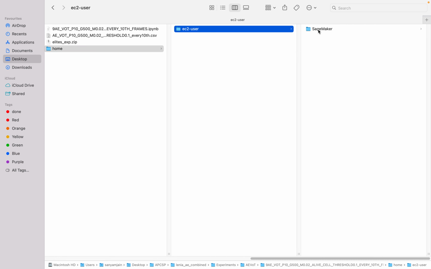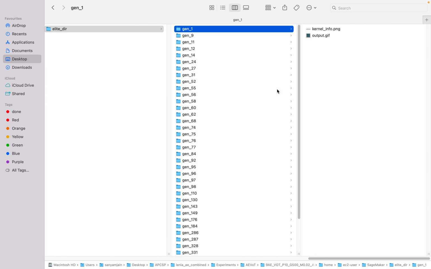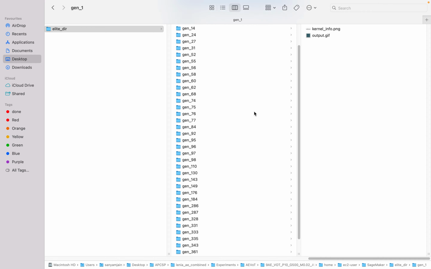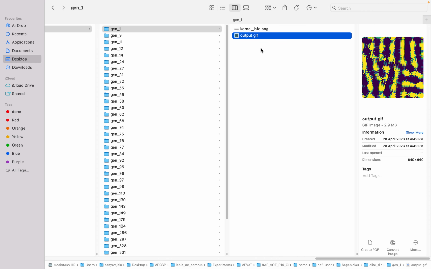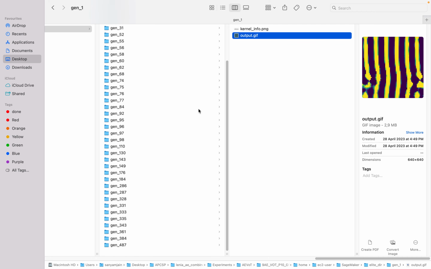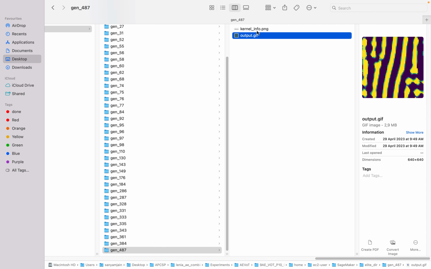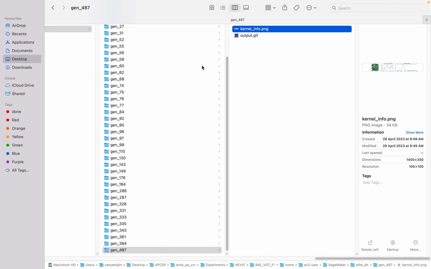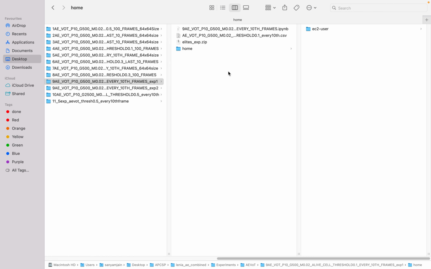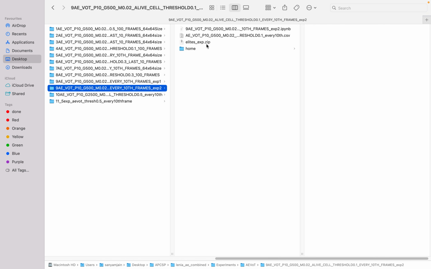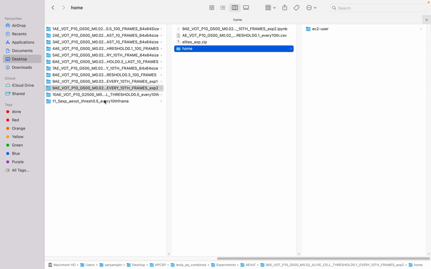This should be worth checking because we want to compare different alive cell thresholds for every 10th frame, because wherever we are using every 10th frame as the fitness function, it's performing well either in VOT or in AEVoT. Okay, so this is the configuration threshold 0.1 every 10th frame.